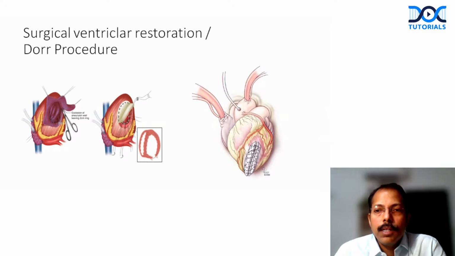This is the typical DOR procedure, and this will be the appearance of the DOR procedure, because we will be tackling the LV cavity. We will be excising the aneurysm. We will be placing a thick PTFE patch, and we will be repairing like this. So this is called the DOR procedure, or surgical ventricular restoration, performed for LV aneurysm.